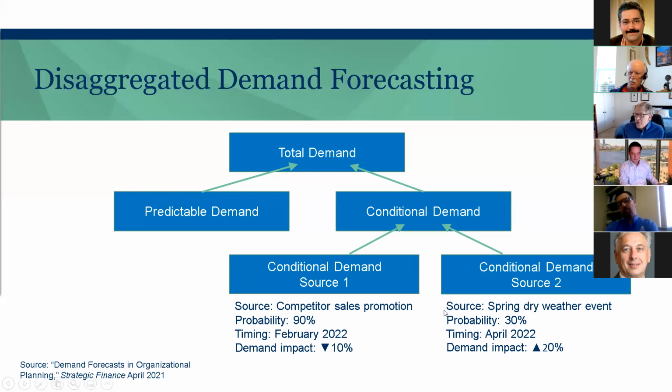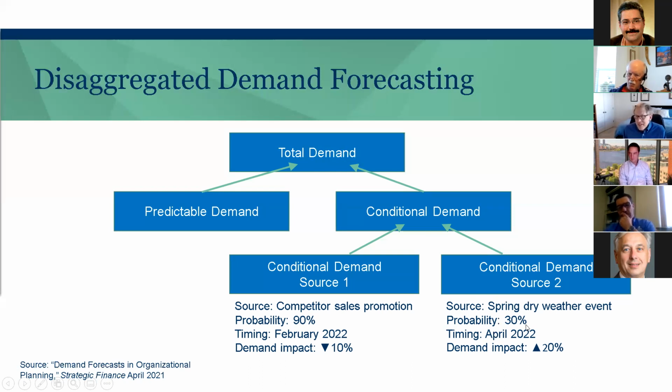The second source, more of a weather, and we talked about weather earlier. Let's say that if there's a spring dry weather event, which we estimate a probability of 30% in April, if that happens, then that will increase demand for our product by 20%.